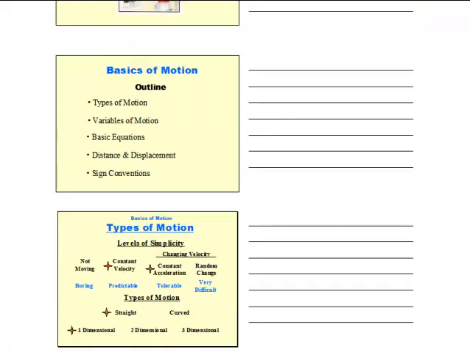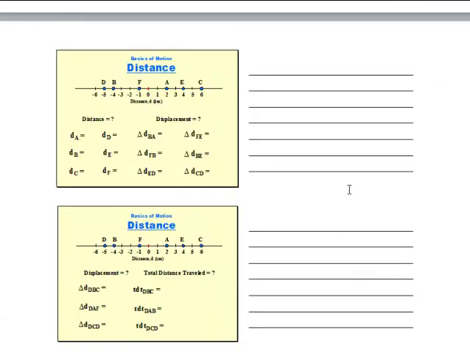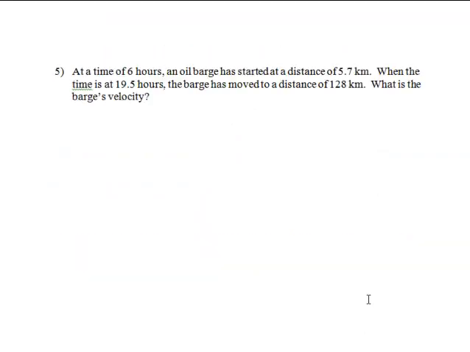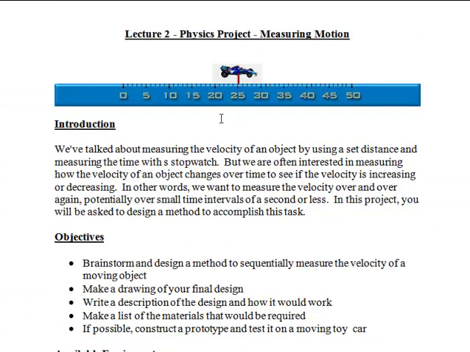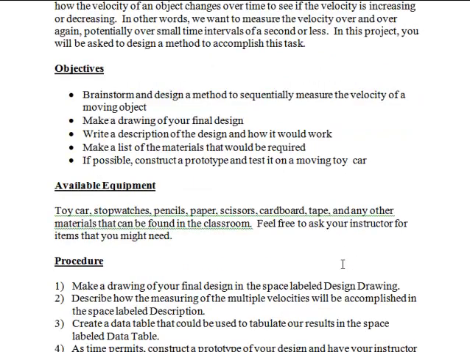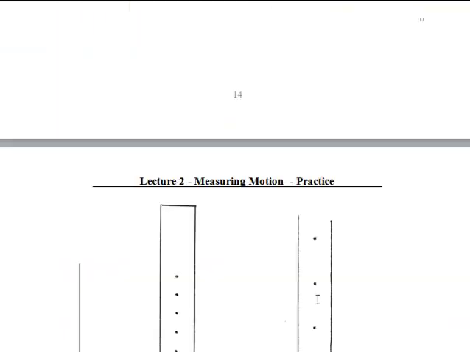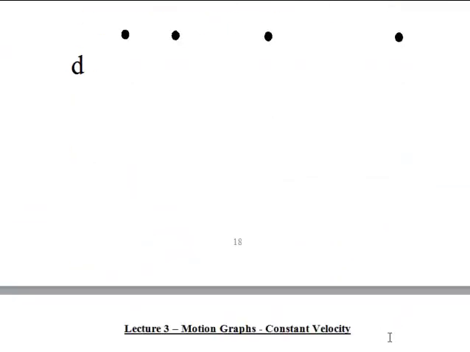So here are questions. These are PowerPoint slides that have places for students to take notes, more questions, various homework assignments. Here's a project on measuring motion that goes along with one of these pieces of software. More PowerPoint slides. Here's practice for an experiment. Graphical motion.